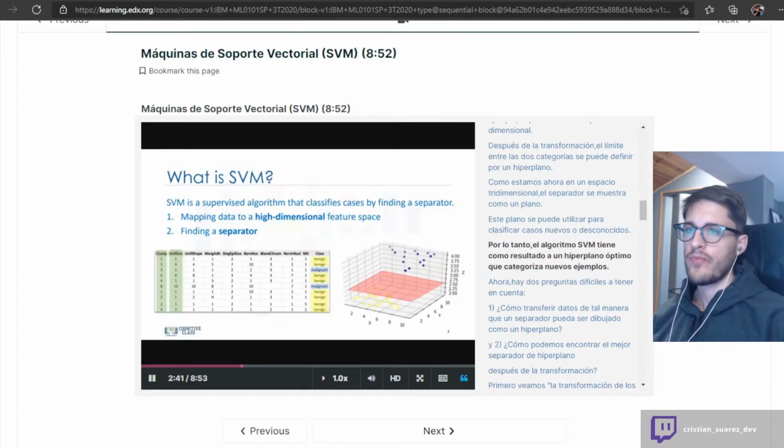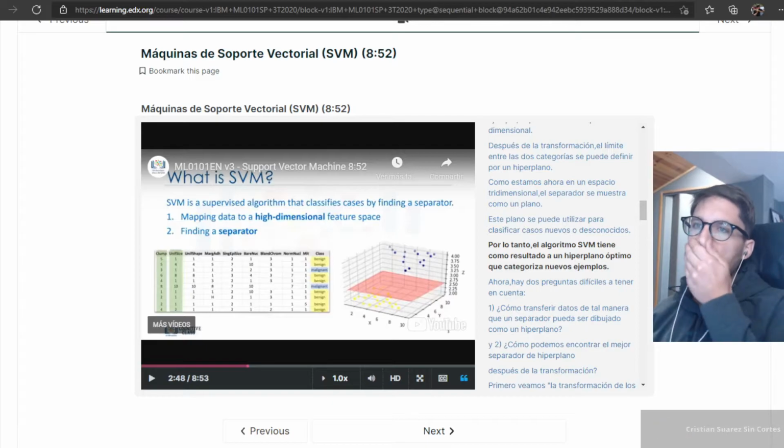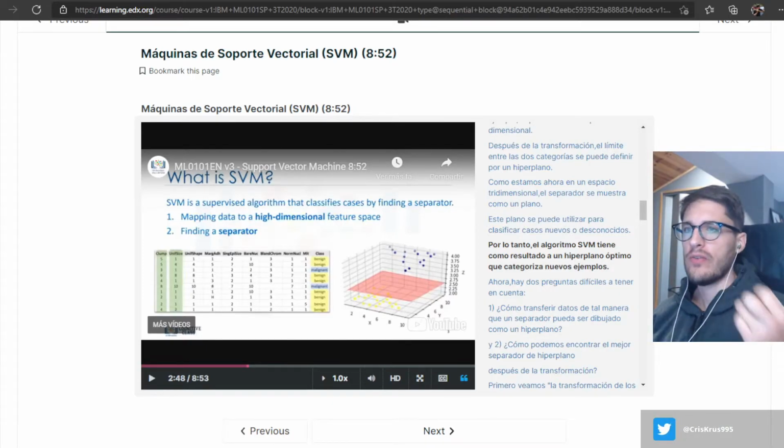Therefore, the SVM algorithm outputs an optimal hyperplane that categorizes new examples. Por lo tanto, el SVM tiene como resultado un hiperplano óptimo que categoriza nuevos ejemplos.